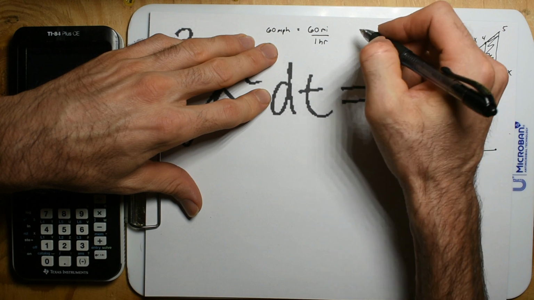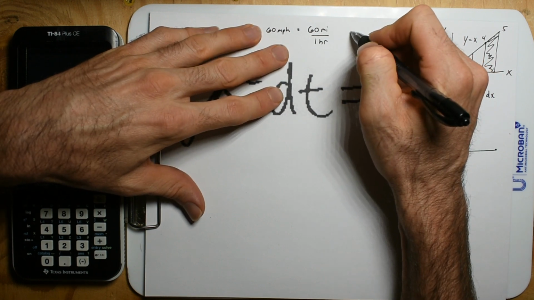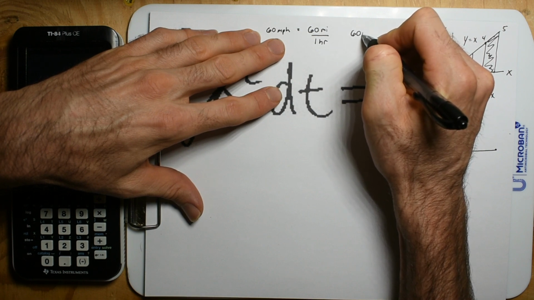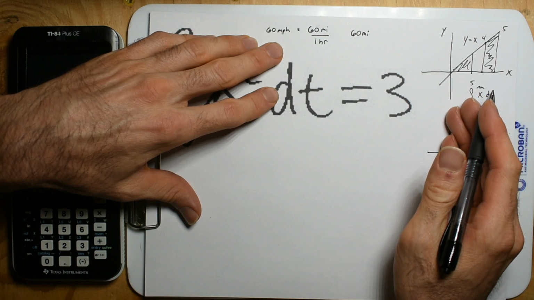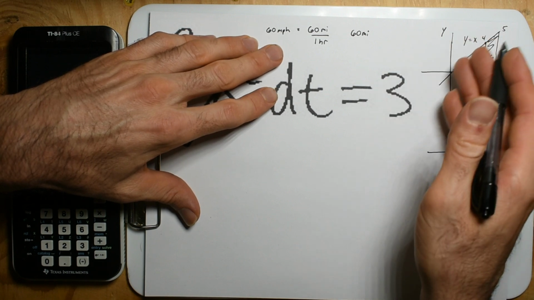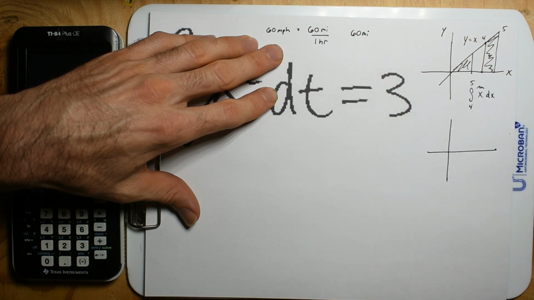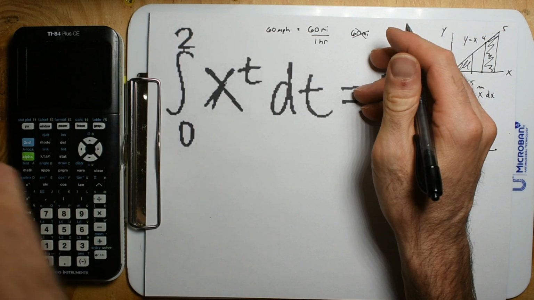So when I ask the question, and this is fascinating, if you go 60 miles, how far do you go? How long did it take you? I guess you'd have to ask that, how long did it take you? And you'd be like, well, it took me an hour. And just looking at this, this might be a harder one to integrate.